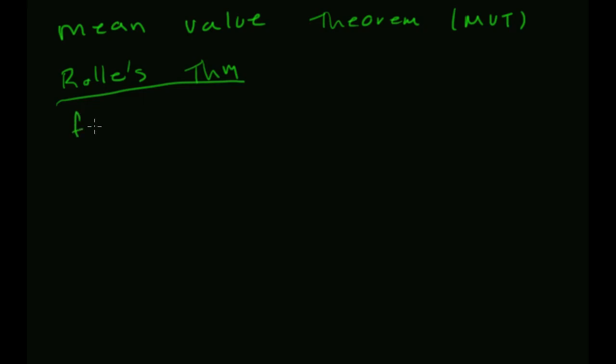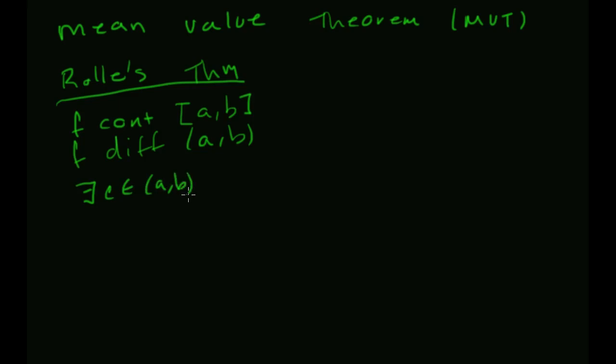Rolle's basically says if I have a continuous function on the closed interval AB, and it also has to be differentiable on the open interval AB, then there has to exist a C on the open interval such that, I'm sorry, we're missing a condition there.